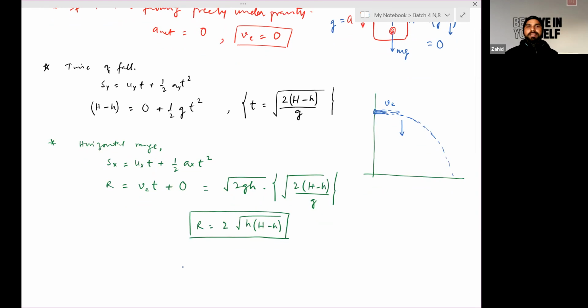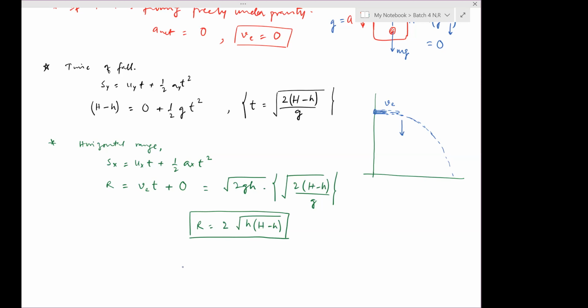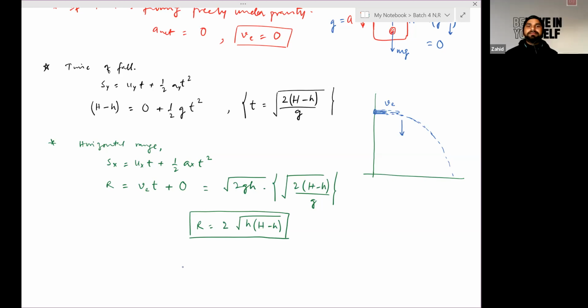Raza, do you have any idea how to define the maximum or minimum of a particular function? Mazia? Yes, Raza? Okay.